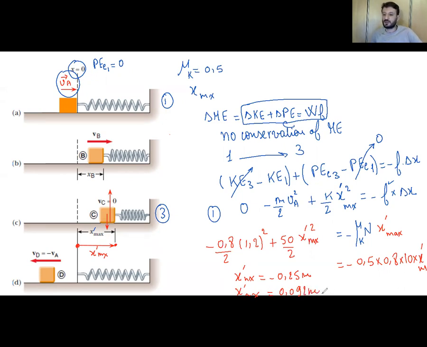The accepted value is the positive value, 0.092 meter. This is the answer. Okay, I think it's clear now. You have to use this relation in the case of no conservation of mechanical energy. You have to take the work of F into account.